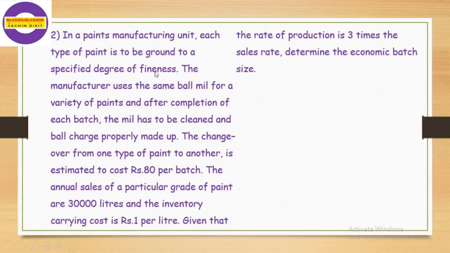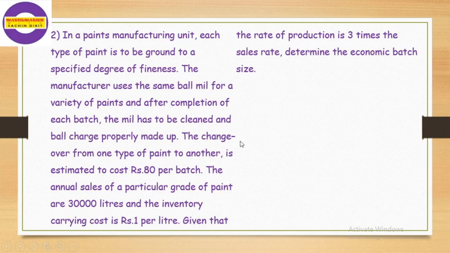Now we take one more example. Second example. In a paint manufacturing unit, each type of paint is to be ground to a specific degree of fineness. The manufacturer uses the same ball mill for a variety of paints, and after completion of each batch, the mill has to be cleaned and the ball charge properly made up.